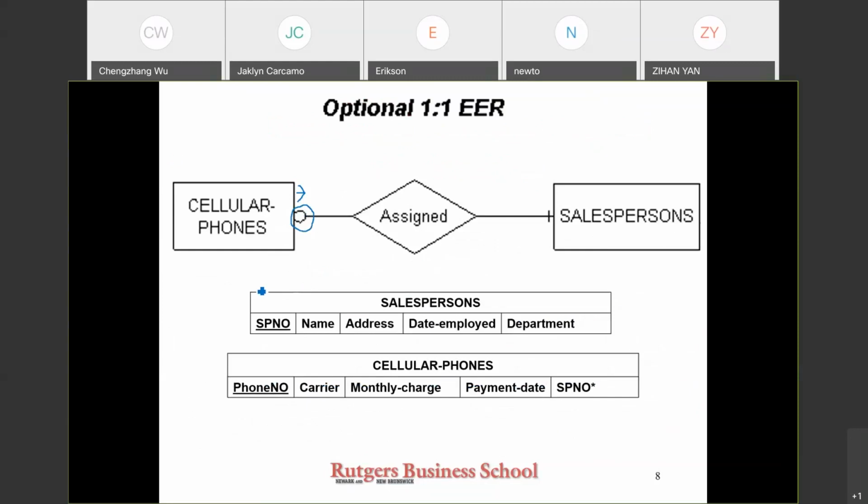That is one table for salesperson and another table for cell phones. And post the primary key of the one side as the foreign key to the object with many sides. So we post salesperson's number as the foreign key on the other table.